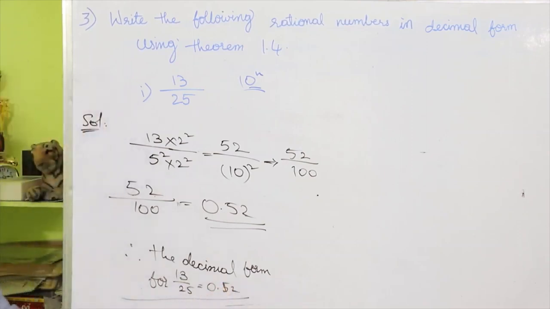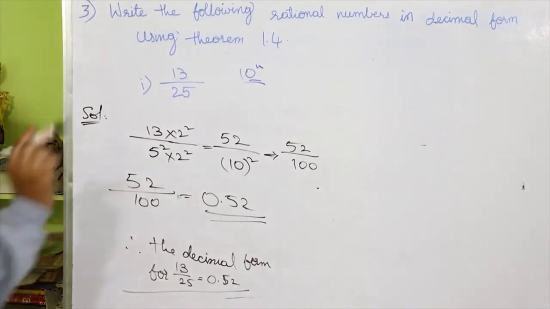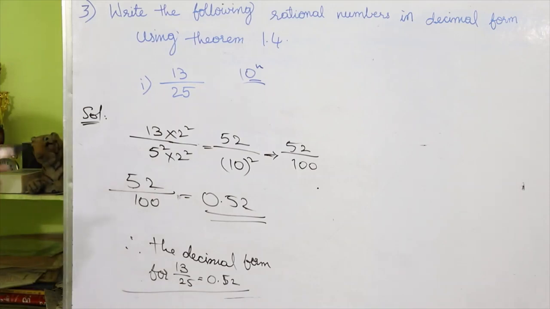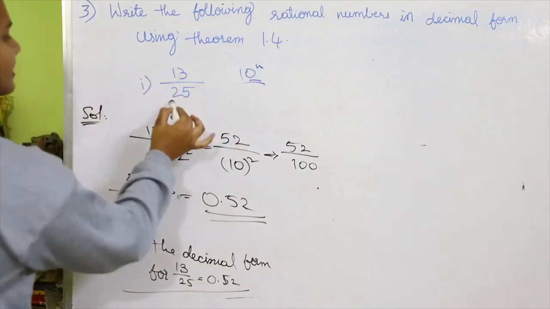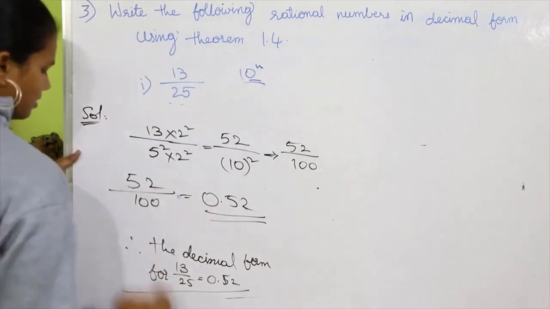Is it clear? Is this okay? Can you see the board? Okay. So the decimal form for 13 by 25 equal to 0.52. Clear guys? Are you getting it? So the main trick is nothing but just try to convert this denominator into 10 power n. Clear? Let me go for the next one.